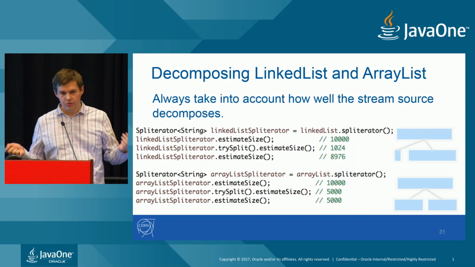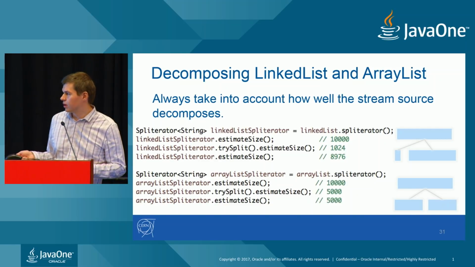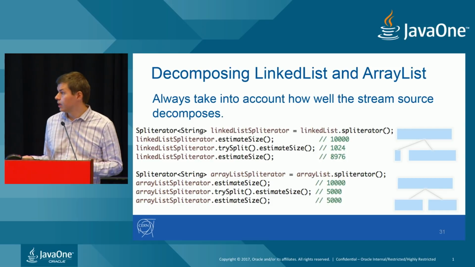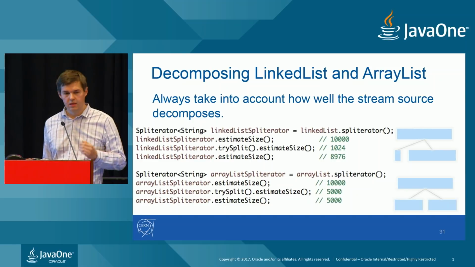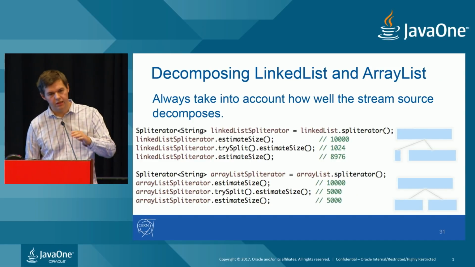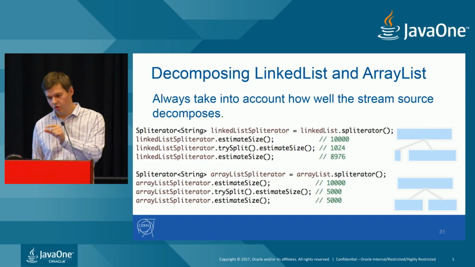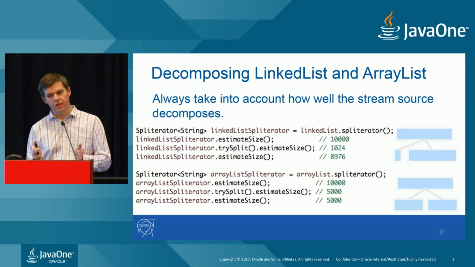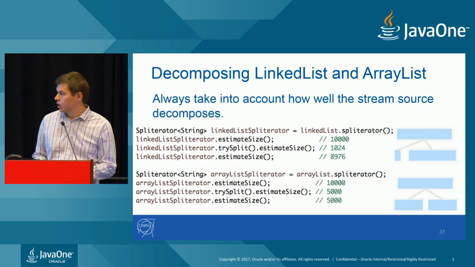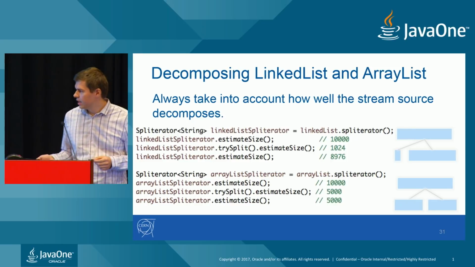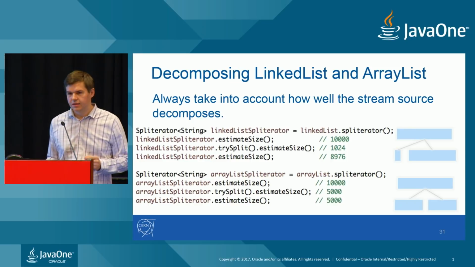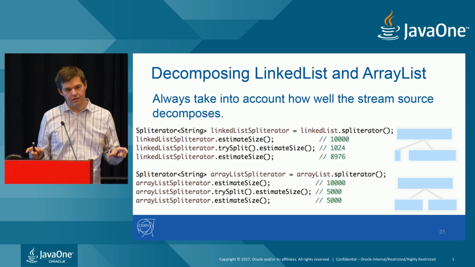If we do exactly the same thing for an ArrayList, we have the ArrayList Spliterator. We see what its size is, we call try split, and then we see the size of the new one and of the one whose coverage got changed. If you look at the ArrayList, it's nicely and evenly divided.